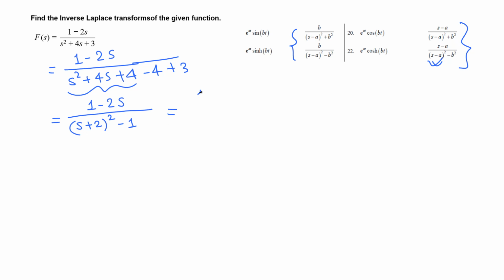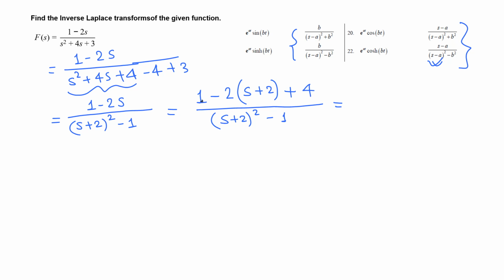So on the top, 1 minus 2, if we factor 2 out, I want s plus 2. Now if we distribute, this is negative 2s, which is already there, and negative 4, 2 times 2, but that's not there. So negative 4, to balance that I have to write plus 4. If we distribute, then minus 4 plus 4 cancel, we still have 1 minus 2s over (s plus 2) squared minus 1 squared.